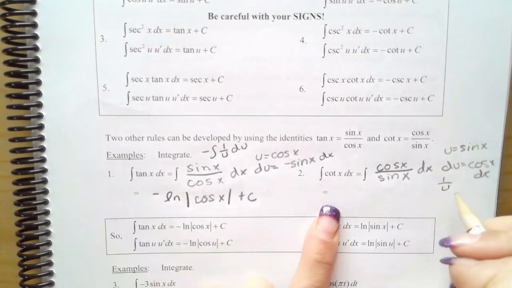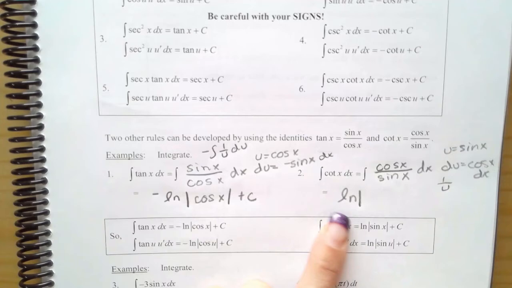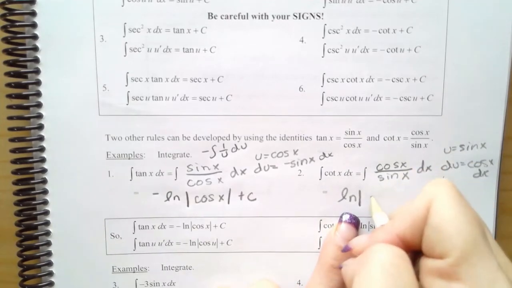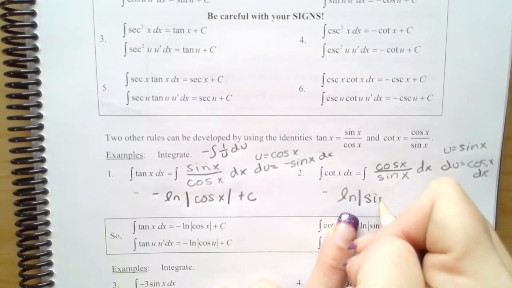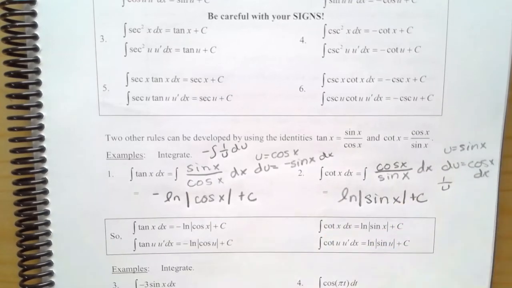And then the integral of 1 over u is ln. Don't forget the absolute value. In this case, u is sine x, then plus c.